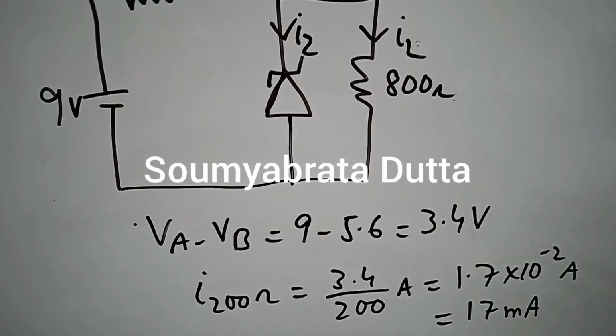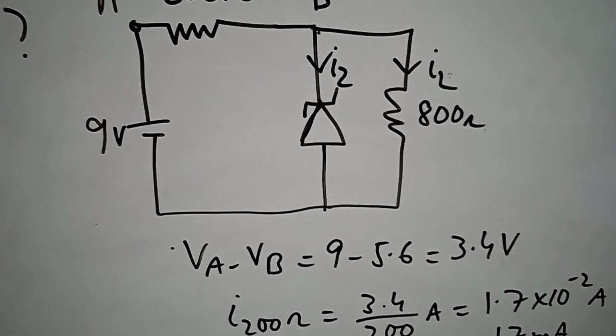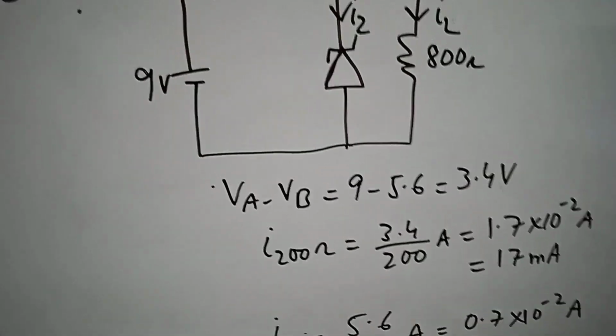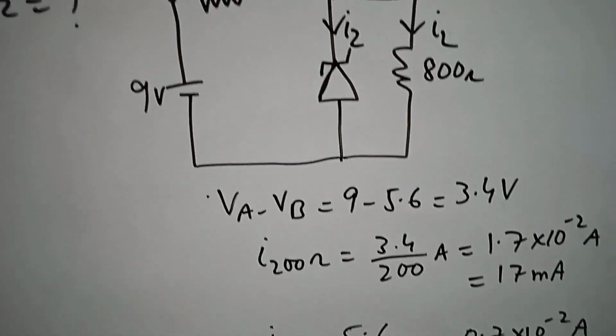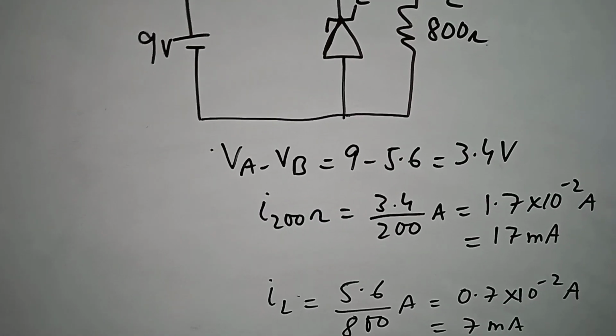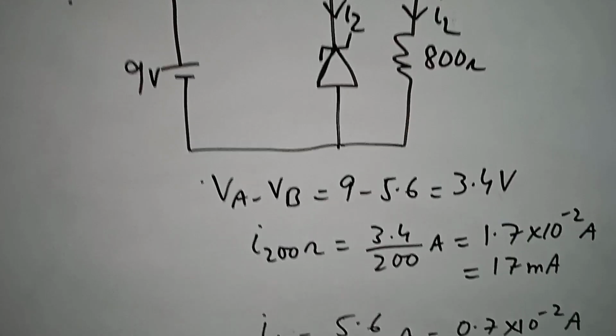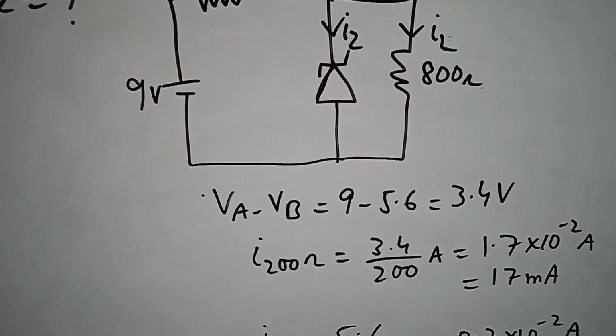Now, whenever the current is divided between the Zener diode and the load resistance, what will we do? The current through the load, I load, equals 5.6 divided by 800, because both are in parallel, so equal potential difference.